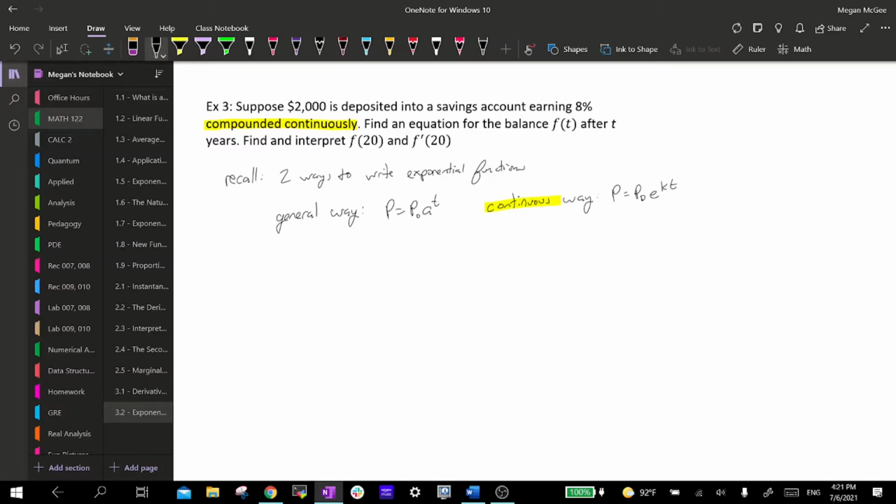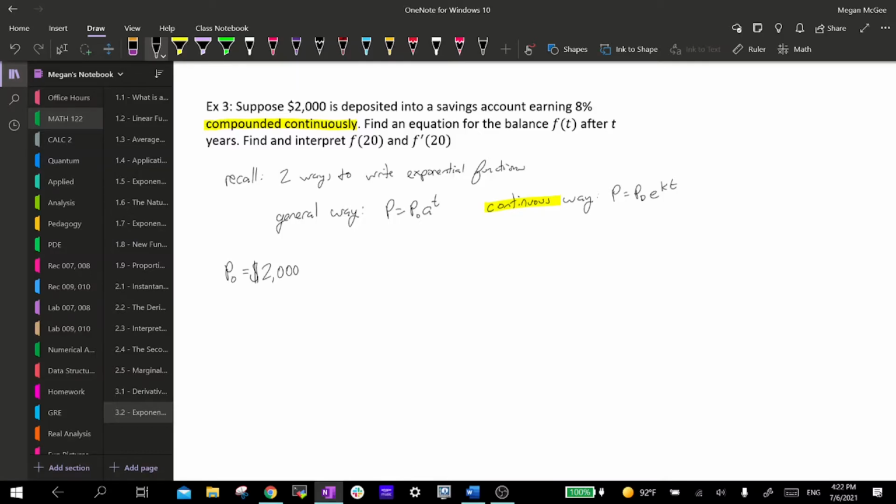All right, so P naught needs to be the starting amount of money. So P naught is our starting amount of money, which is $2,000. All right, then we have e, which is just e, to the kt.